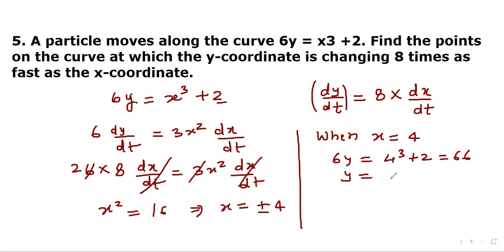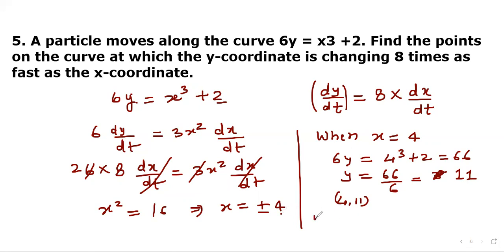So y equal to 66 divided by 6, which is 11. So first point will be 4 comma 11.